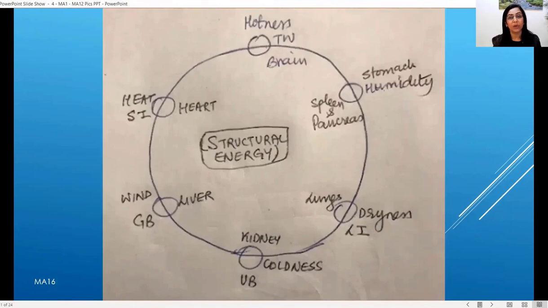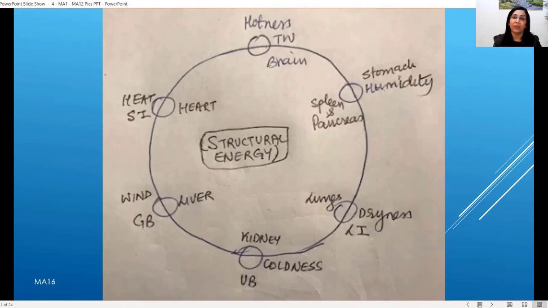Now, according to access law, liver and gallbladder are being treated by wind energy. That is the structural energy for liver and gallbladder. The structural energy for small intestine and heart is the heat energy. The structural energy for the TW and brain is the hotness energy.